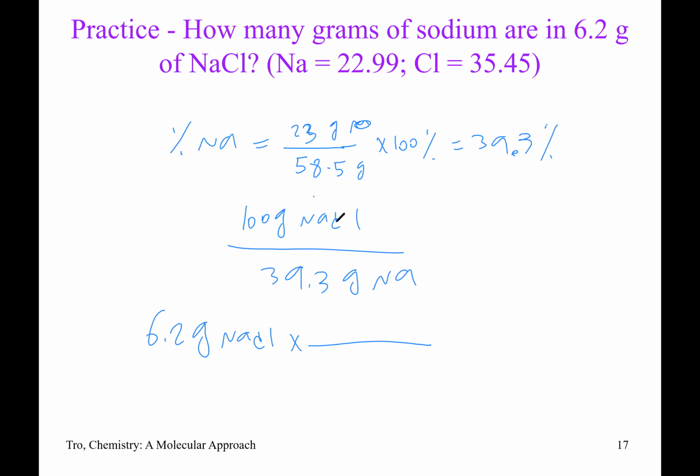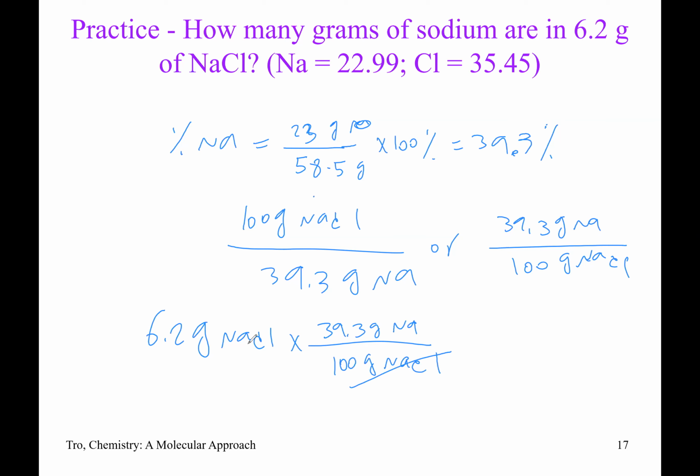Should I write 100 over 39 or 39 over 100? 39 over 100, because I want to cancel the mass of NaCl. I want to end up with mass of Na. So 39.3 grams Na over 100 grams of NaCl.